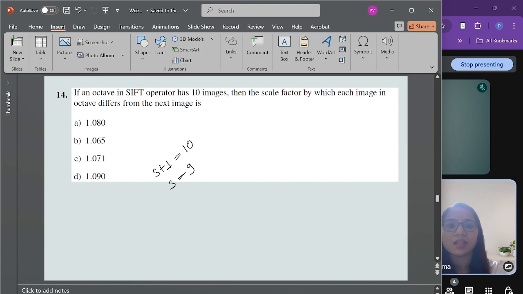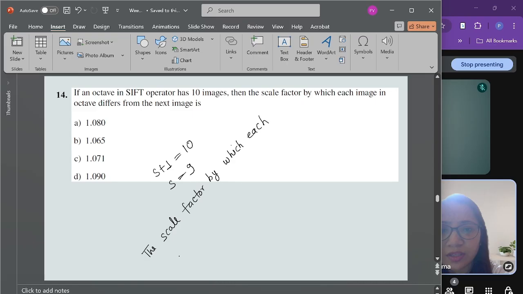Then the scale factor, the factor by which each image in the octave differs from the next image, is represented by k, and k is equal to 2 to the power 1 by s, and here s we have got 9.